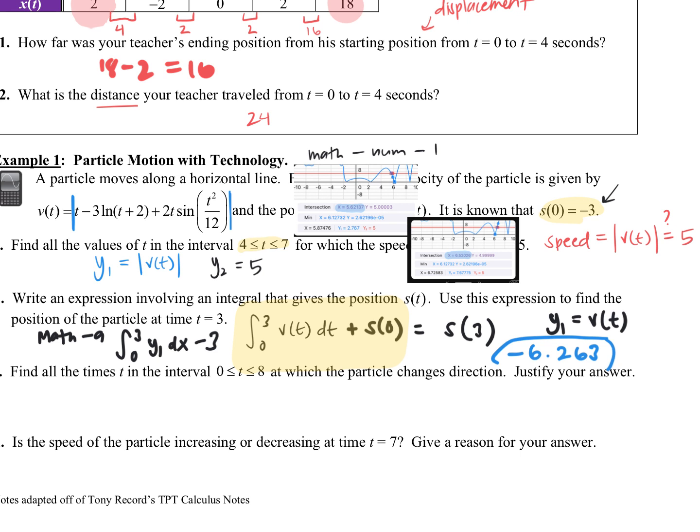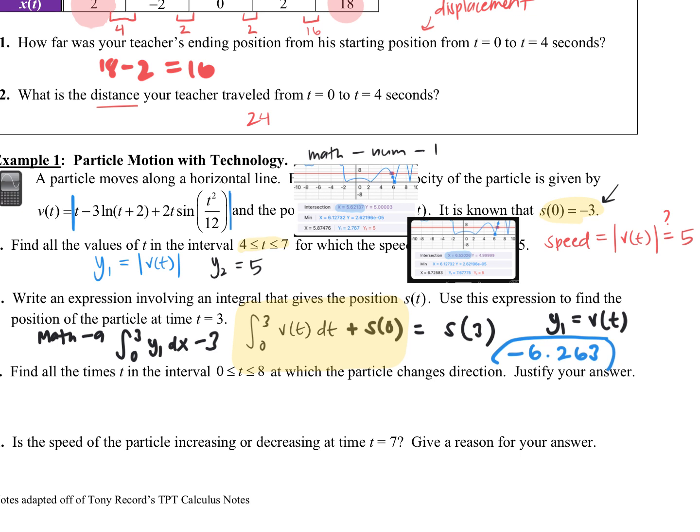Okay. Part C asks us to find all the times at which the particle changes direction, and then to justify our answer. If we look at our velocity function, just the graph, where are we going to find where it changes direction?